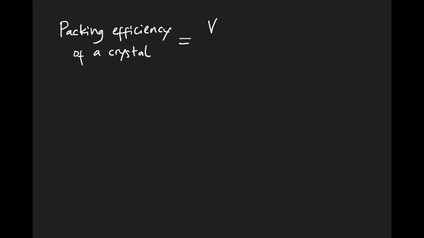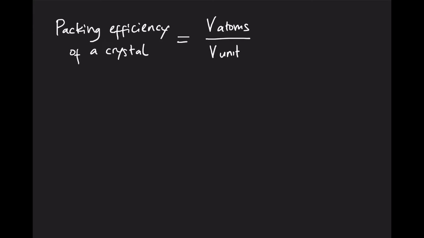Another parameter that we can calculate is what we call the packing efficiency of a crystal. For packing efficiency of a crystal, it's basically just the volume of all of the atoms divided by the volume of the unit cell multiplied by 100%.